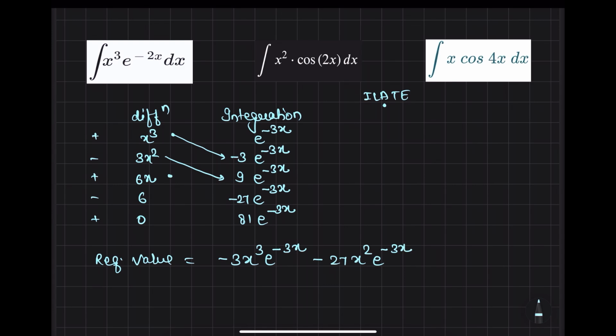Then this with this: minus 6x e power minus 3x by 27, and then this with this: minus 6 e power minus 3x by 81, with integration constant c. So this is your required answer.